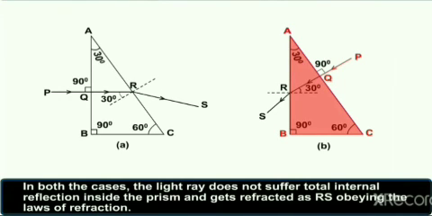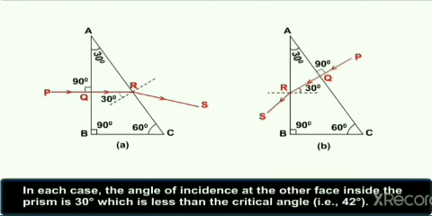In both the cases, the light ray does not suffer total internal reflection inside the prism and gets refracted as RS, obeying the laws of refraction. In each case, the angle of incidence at the other face inside the prism is 30 degrees, which is less than the critical angle.